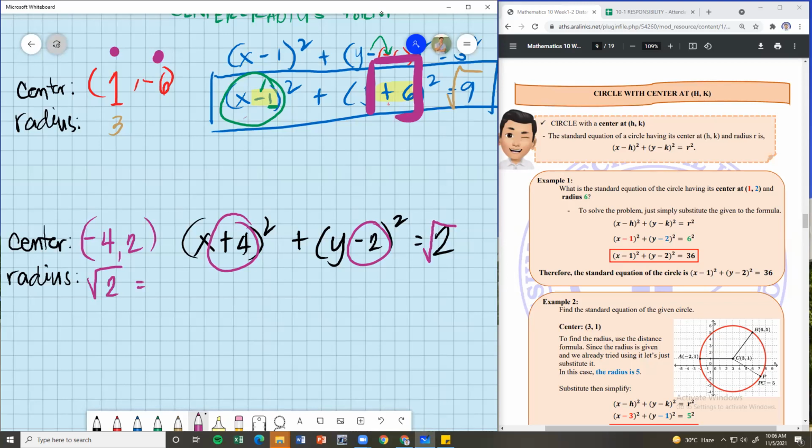Kindly press it in your calculator. Your radius is 1.41 or 1.4. We need to use 1.41 for the graphing because you need to estimate where your radius is. But if you are just asked to identify the radius, square root of 2 is already correct. Got it?